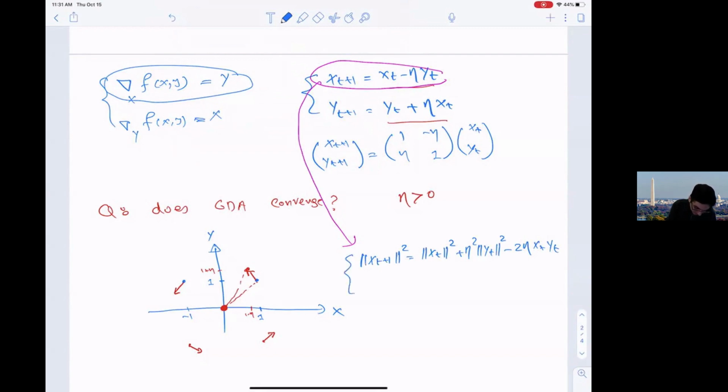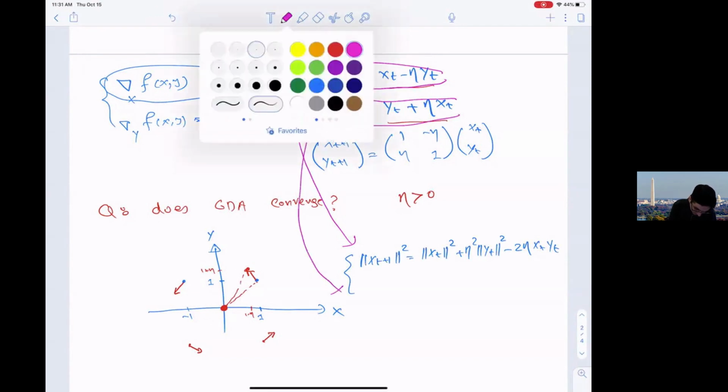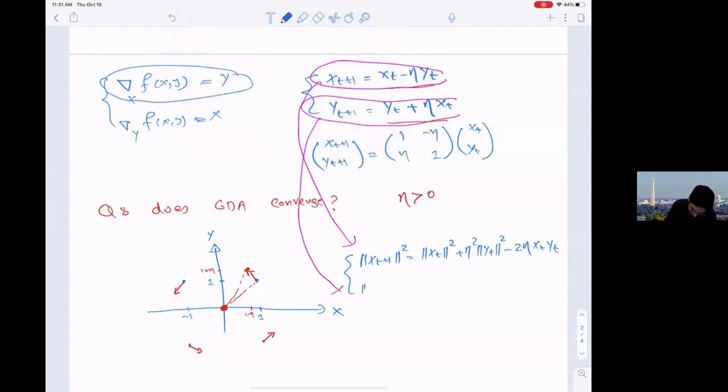And from the second equation, I'll have, let's say, y_{t+1} squared would be y_t squared plus eta squared x_t squared plus 2 times eta x_t times y_t. Right? Now this length is basically x_t squared plus y_t squared.